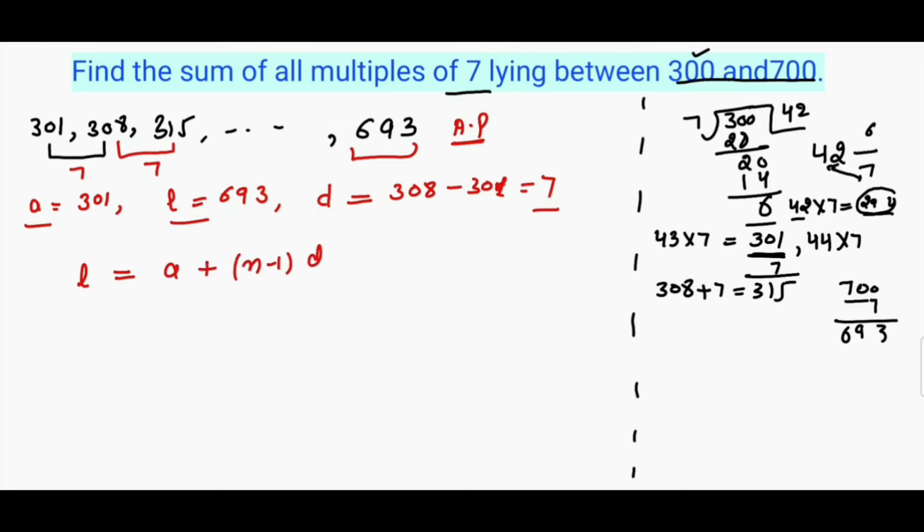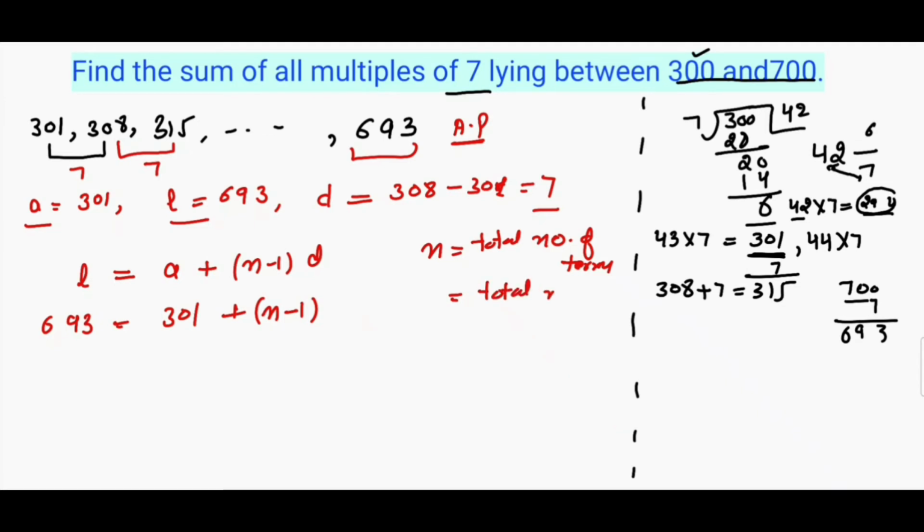So last term is 693 and first term is 301, plus n minus 1, where n is the total number of terms, which is equal to the total multiples of 7 between 300 and 700. Correct.